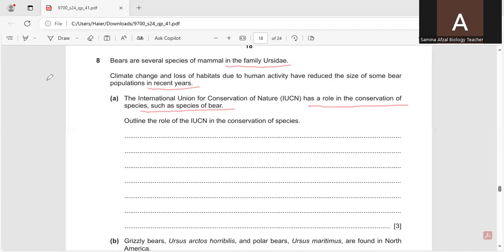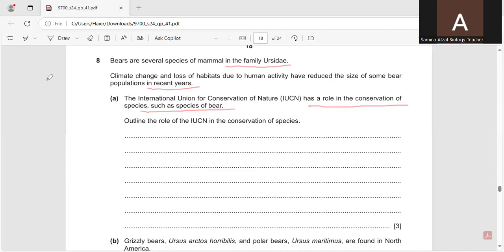It is available online, and the scientists monitor populations and evaluate the risk of species becoming extinct. They then apply certain criteria to the information that they have available before assigning each species to one of the categories.